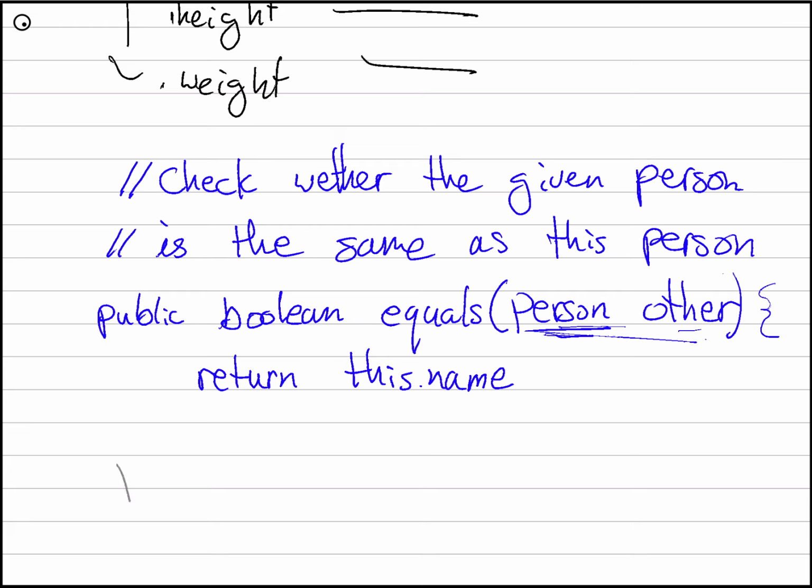So let's say I have person irfan, and let's say that I have initialized this with your name, your age, your weight, and your height. Okay? And then I do something like, well, actually, it should be with a small e.